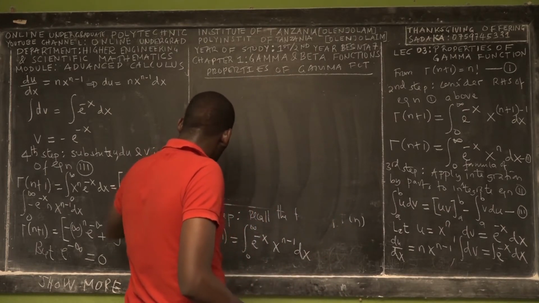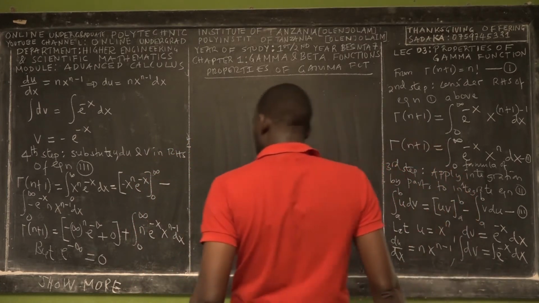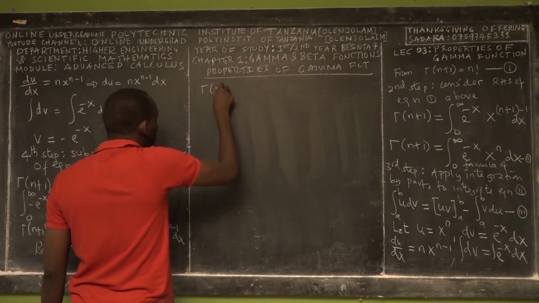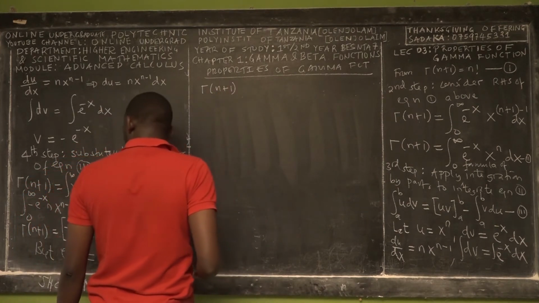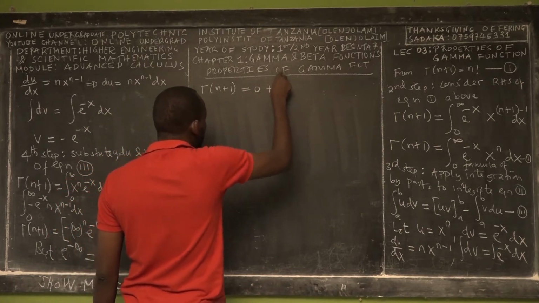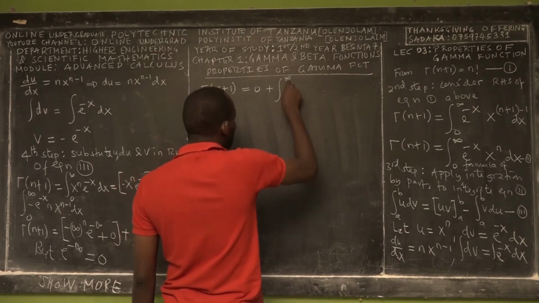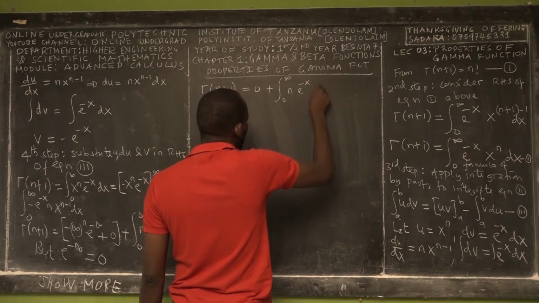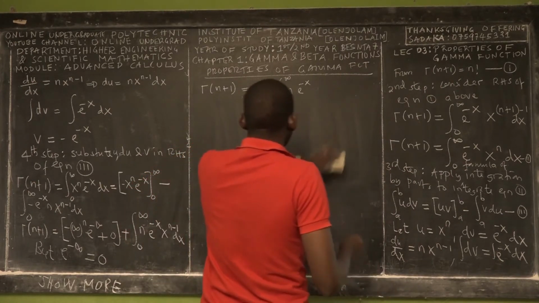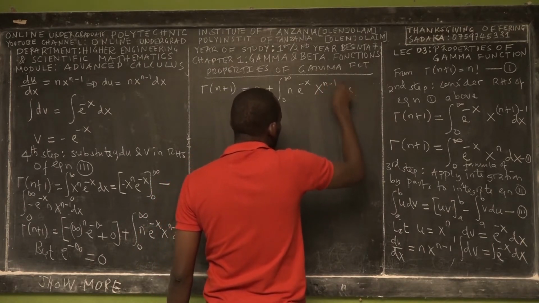So the technique of proving these two properties of the gamma function: here we have gamma of n plus 1 equal to 0 plus the integral from 0 to infinity of n e to the power negative x, x to the power n minus 1 dx.